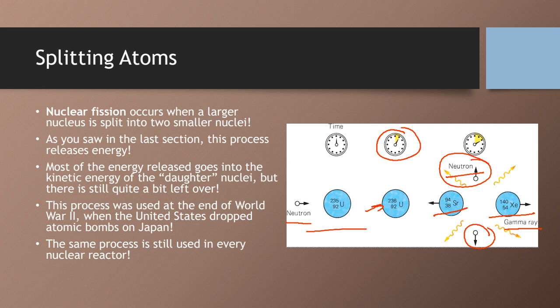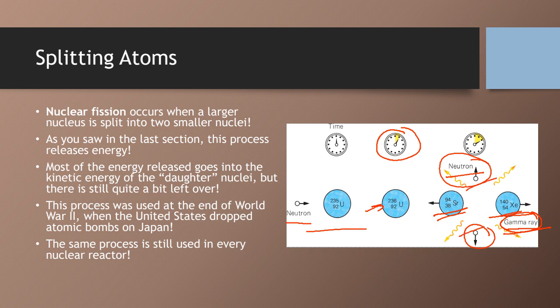The gamma rays are the energy that's released. And so when this nuclei breaks apart, energy comes out as really high energy electromagnetic radiation. Really high energy light, if you will. You also have some nuclei left over, but you also have some neutrons left over.